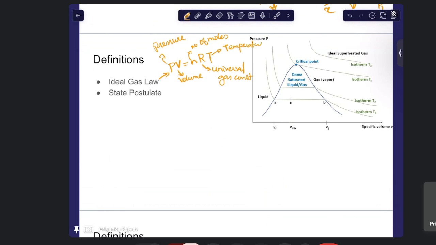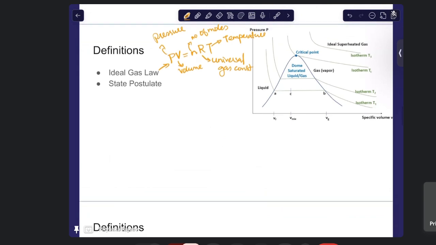Okay. Now, this gives a relation between P, V, and T, that is pressure, volume, and temperature. So if two of them are fixed, the third one is fixed, right?